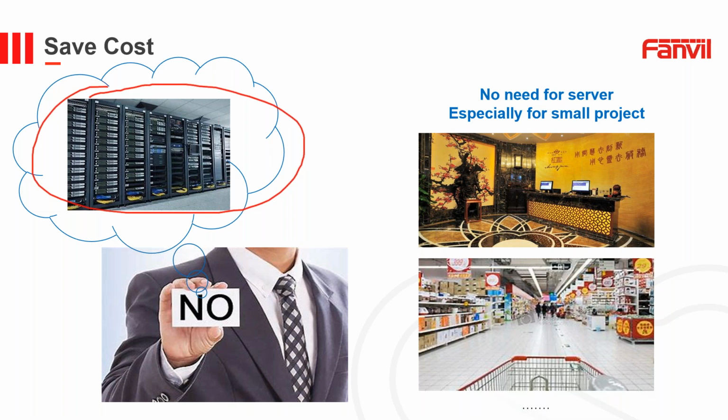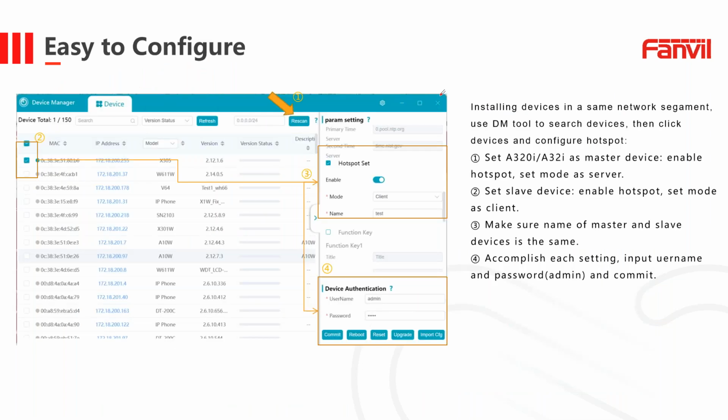And next, I'm going to show you how to configure the solution with your computer. So first, the FAE can download the Device Manager. It's our new configuration tool, and it's very easy to use.